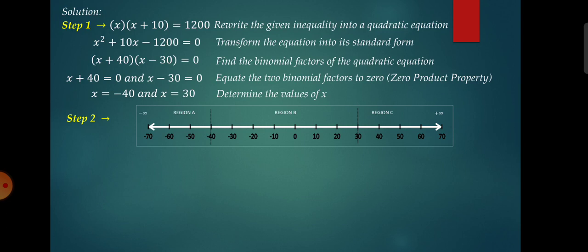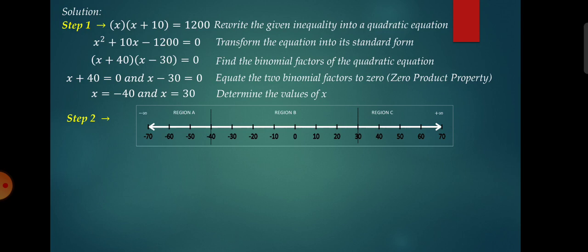Okay, we have there the number line by tens, from negative 70 on the left side going to positive 70 on the right side. Its first borderline is at negative 40. The second borderline is at positive 30. So the whole number line is divided into three regions. Region A is from negative 40 going to negative infinity, while region B is from negative 40 to positive 30.